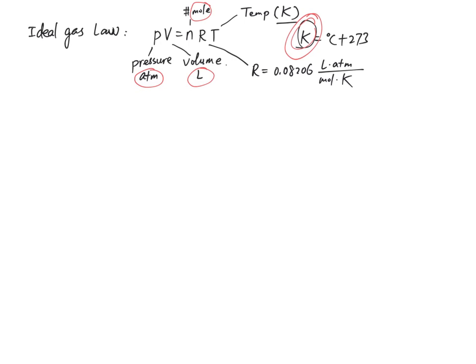So, all right, now, for the atmospheric pressure, there are so many different units for pressure. 1 atmosphere equals 760 torr.